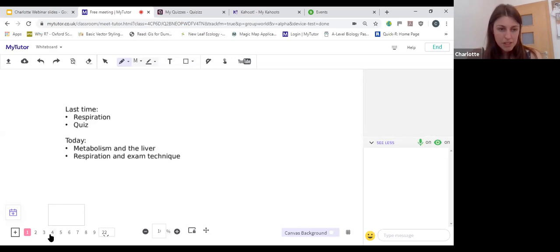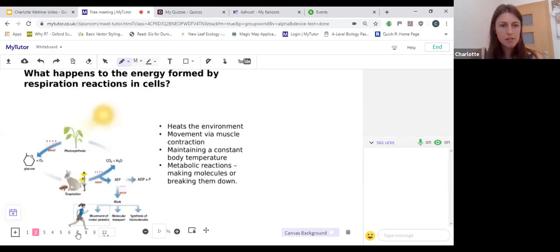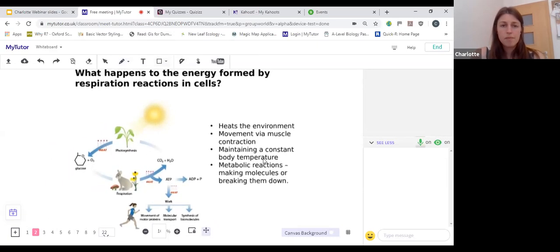Okay, so let's move on to today's content. I wanted to start with a quick recap through this diagram and then talk about what happens to the energy formed by respiration reactions in cells.